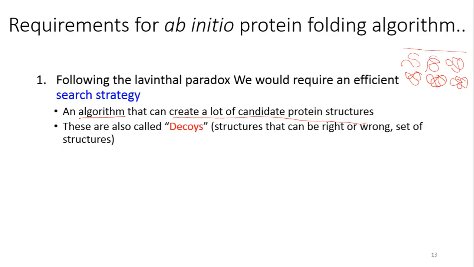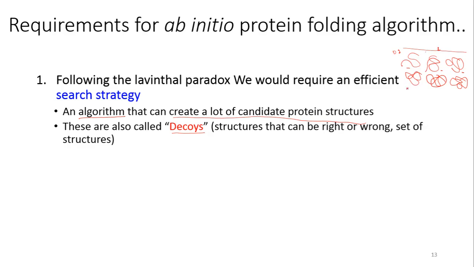We would call such predicted structures decoys. This is decoy 1, this is decoy 2. We would call these representative structures that this sequence can adopt decoys. It is not necessary that these structures would be right. The decoys can be right or they can be wrong.